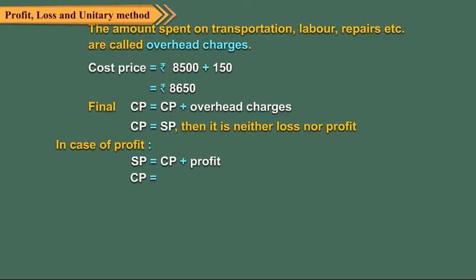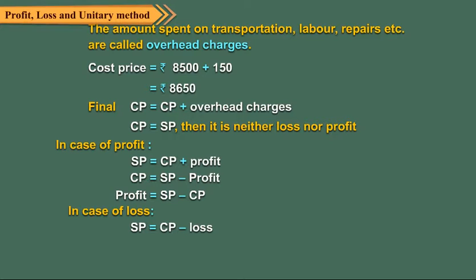CP is equal to SP minus profit. Profit is equal to SP minus CP. In case of loss, SP is equal to CP minus loss. CP is equal to SP plus loss. Loss is equal to CP minus SP.